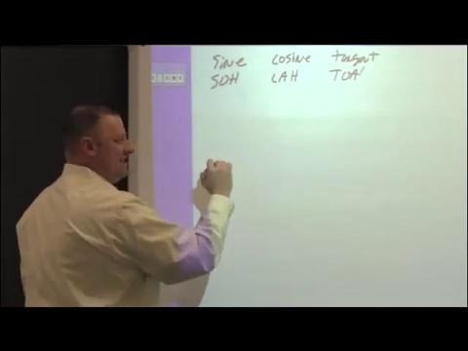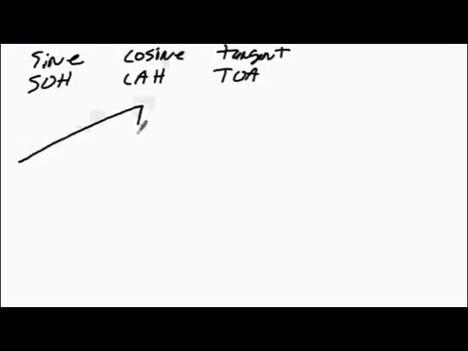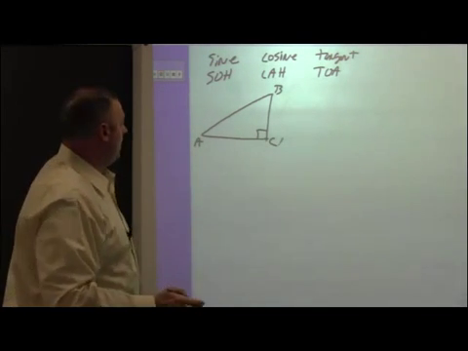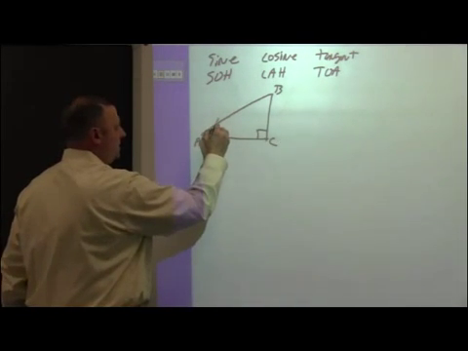Let me draw it so it makes sense to what we're talking about here. We have to start with the right triangle. Let me label this base angle A here, top B, and the right angle we'll call C. Now it all depends on which angle you start with or what you're referring to. So let's just make it easy.